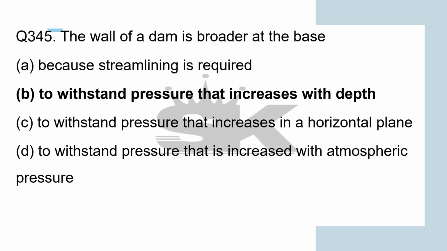Okay, because the formula says that P equals rho g h, right? So as the depth or height increases, the pressure increases. Okay, density remains the same and gravity remains the same. So only depth or height will affect the pressure.